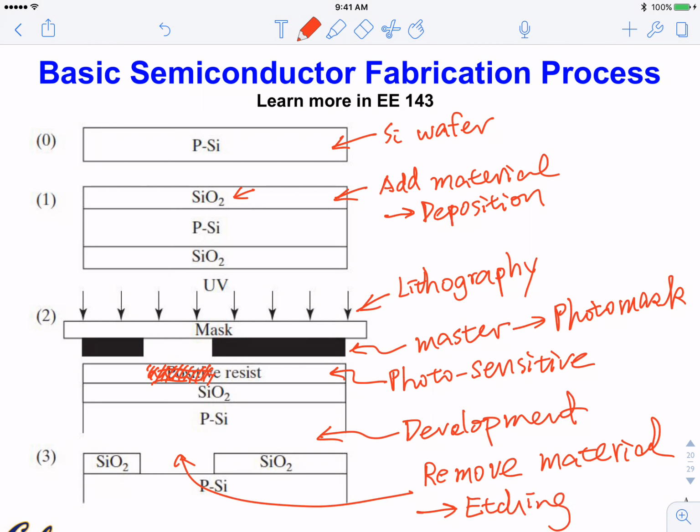In this case, we etch silicon dioxide away. So this is one full cycle of a unit process. You put on some material, you deposit, you produce a pattern, you remove part of the area of that material, so you do etching, okay? Then you build on top of that, you do the next step process.